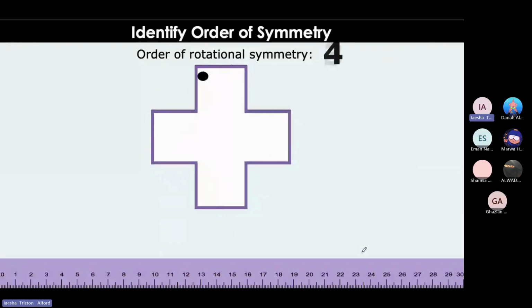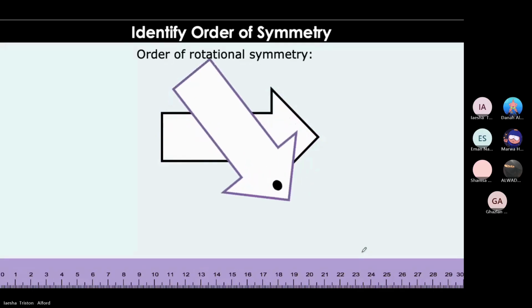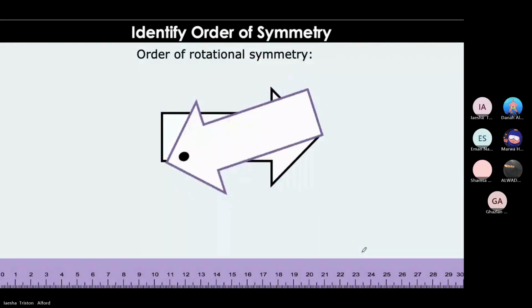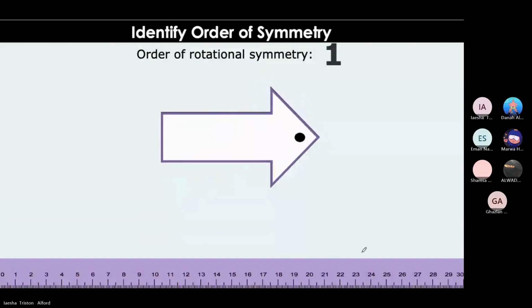And this is 4 turns. So the order for this one is 4. What do you think is the order for this one? 1 or 0. So this one is 1. 1 full turn.